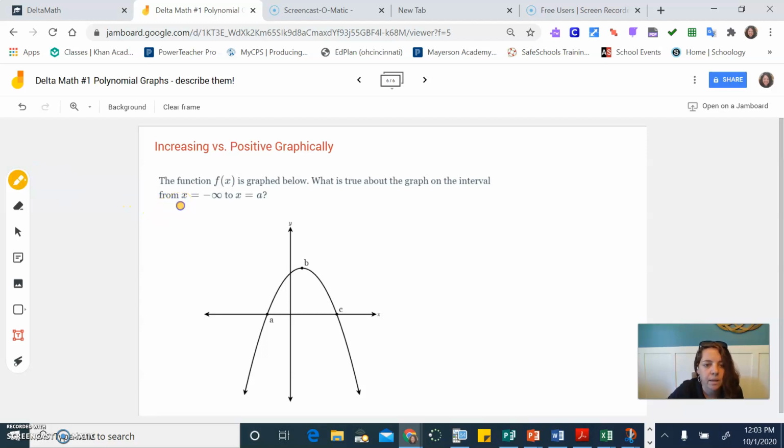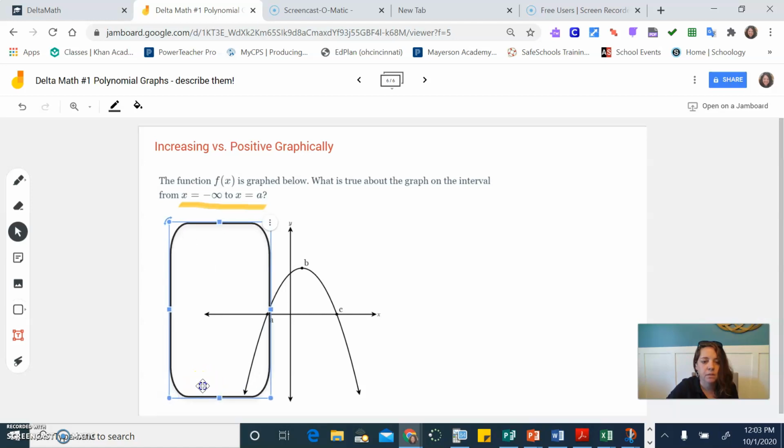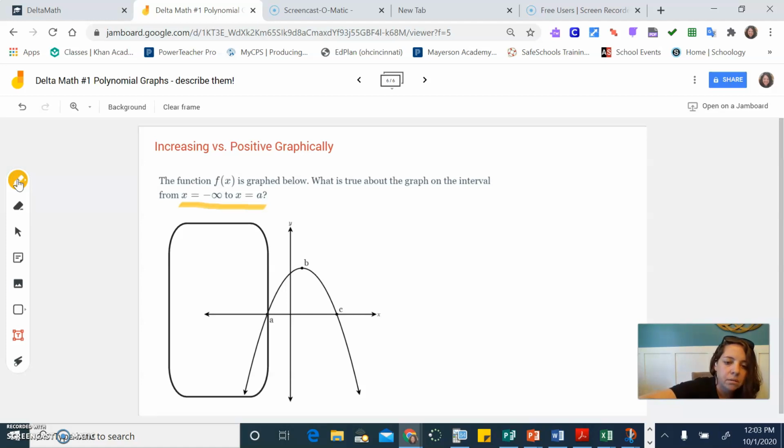Okay, so from x equals negative infinity to a. So I'm going to draw a little box. Here's a. So it's saying from forever left until we get up to a, in that area. So what part of the graph do I care about? This little guy right here. This was just like the one we did a minute ago.